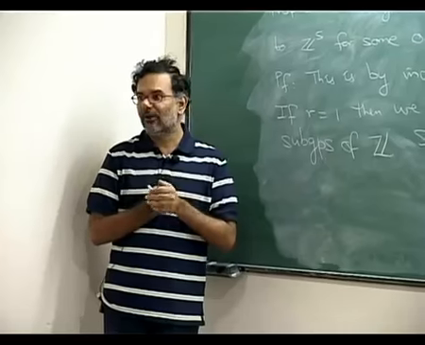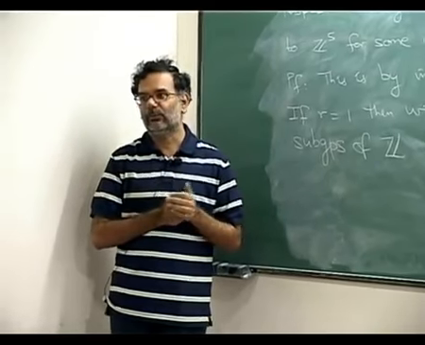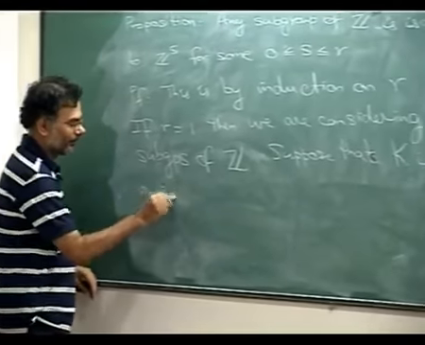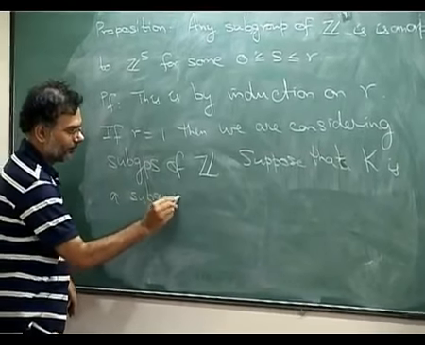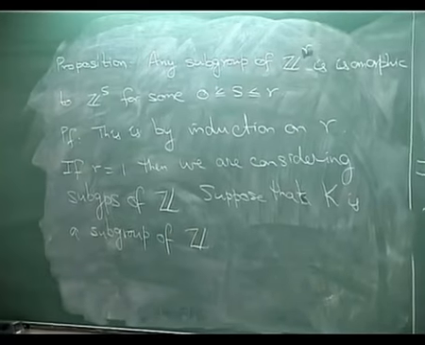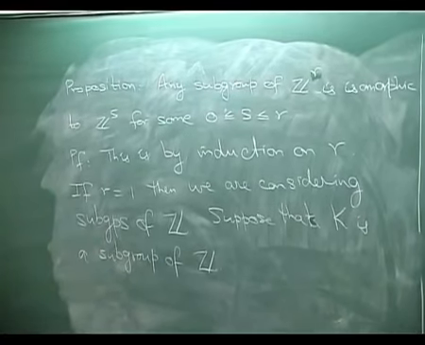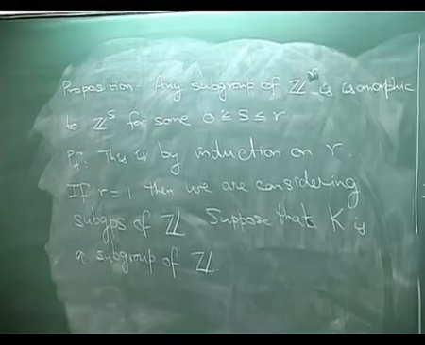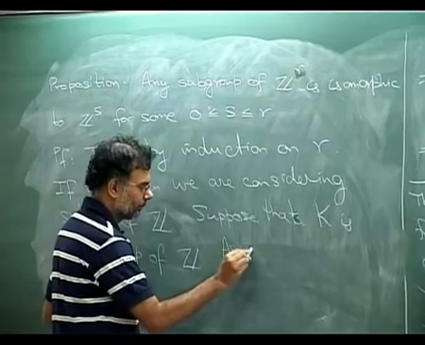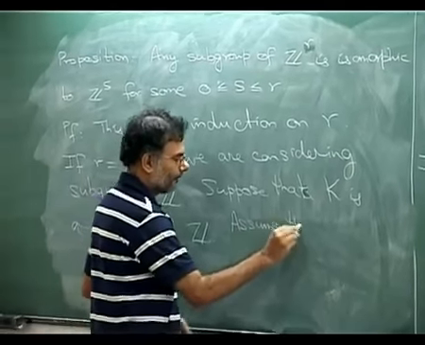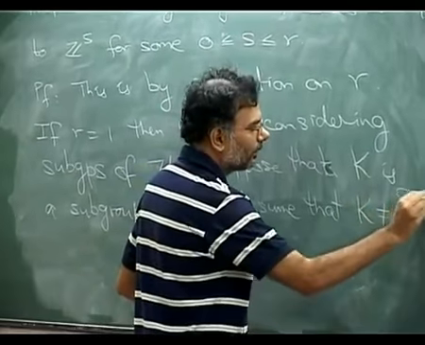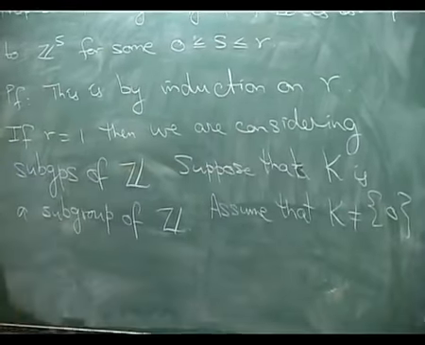How do I know that it's always going to be cyclic? It needs proof. So suppose that K is a subgroup. Now if K has only 0 in it, that's a subgroup, that's fine. That is just 0Z. Let's leave that out. Assume that K is not the subgroup which consists only of 0.